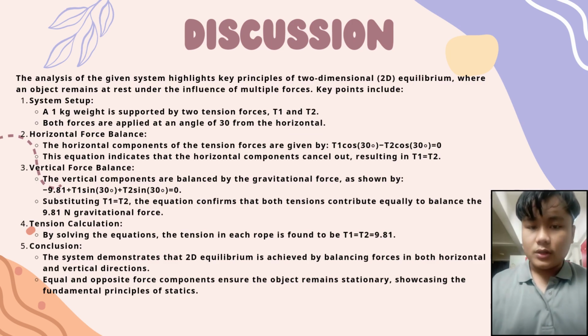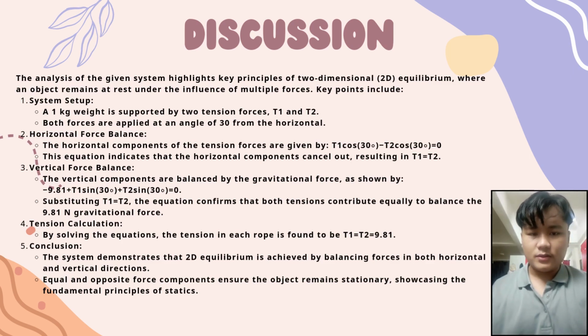Alright, for the discussion part, we will analyze that our system has one key point, which is in this 2D equilibrium, where an object remains at rest under the influence of multiple forces. That key point includes the system setup, the horizontal force balance, the vertical force balance, and also the tension calculation.